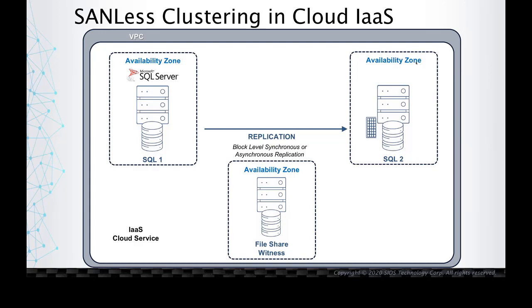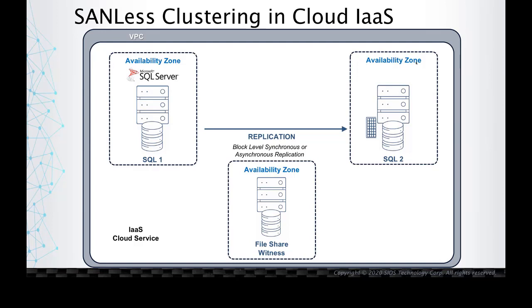Those building blocks are typically called availability zones, or just zones. They're pretty similar across all the major three cloud providers.